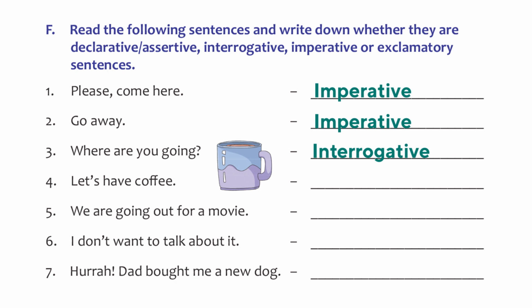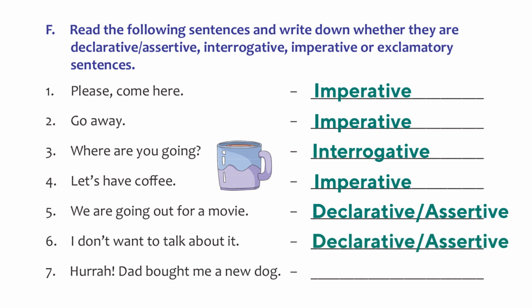It's an interrogative sentence. Asks a question. Fourth one, let's have coffee. Imperative sentence. Fifth one, we are going out for a movie. Declarative or assertive sentence. Sixth, I don't want to talk about it. Declarative or assertive sentence. Seventh one, hurrah, Dad bought me a new dog. Exclamatory sentence.